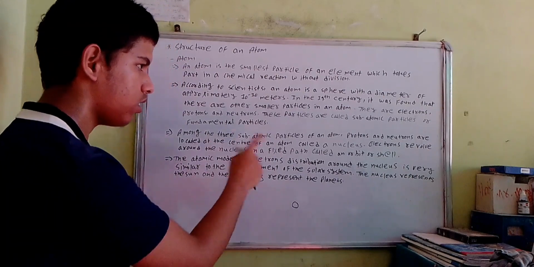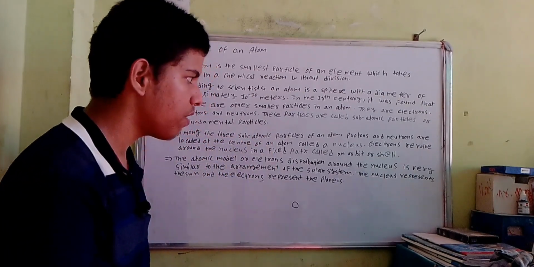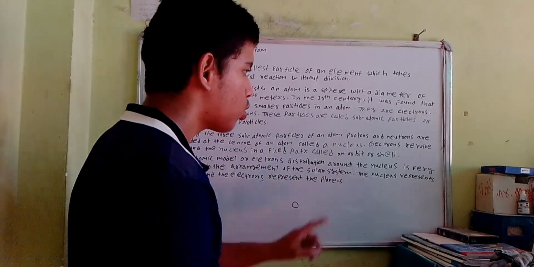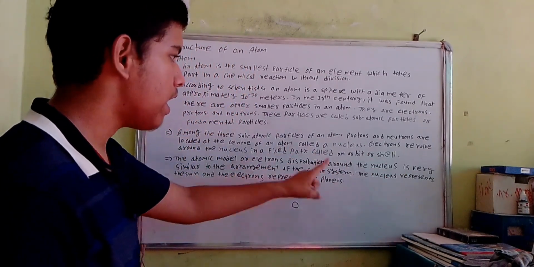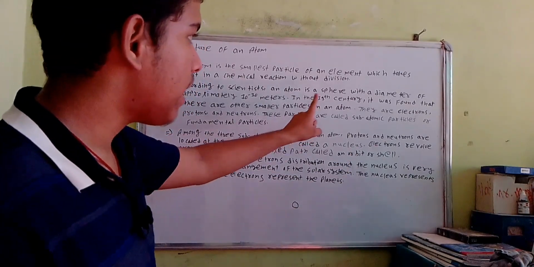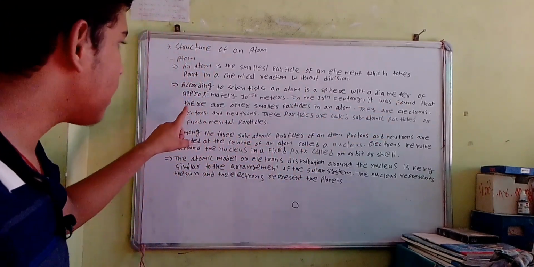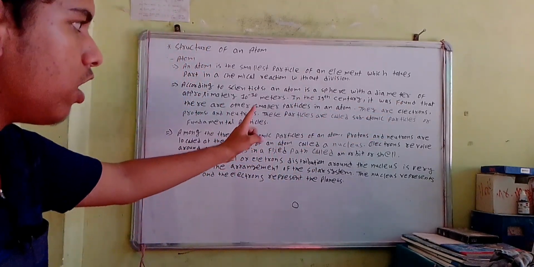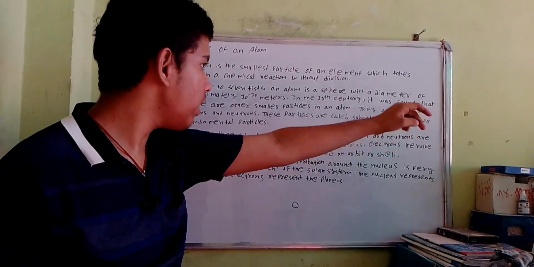Among the three subatomic particles of an atom, protons and neutrons are located at the center of an atom called the nucleus. So like I already told you, in the 19th century, it was found that there are other smaller particles in an atom called electrons, protons, and neutrons.